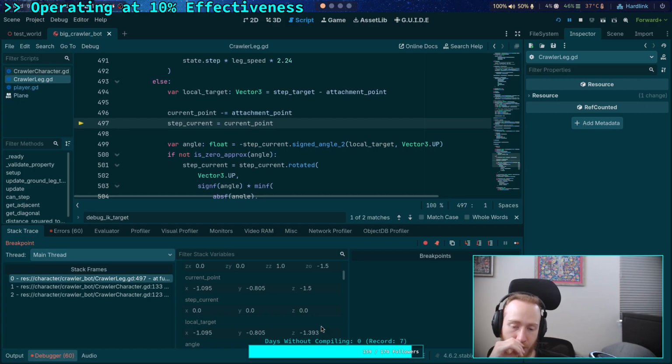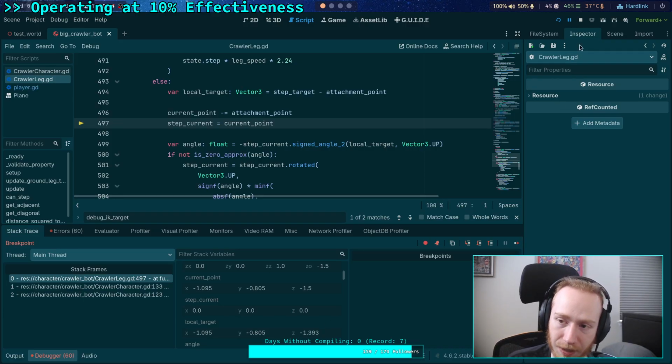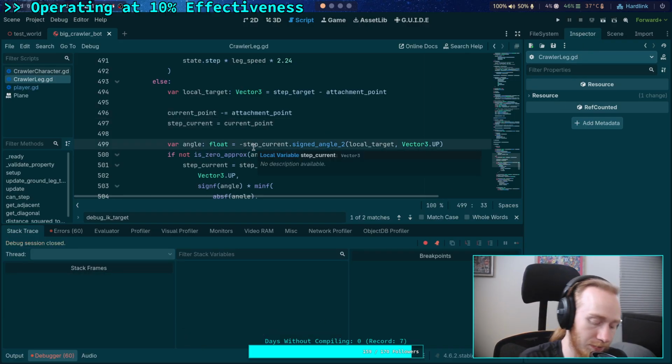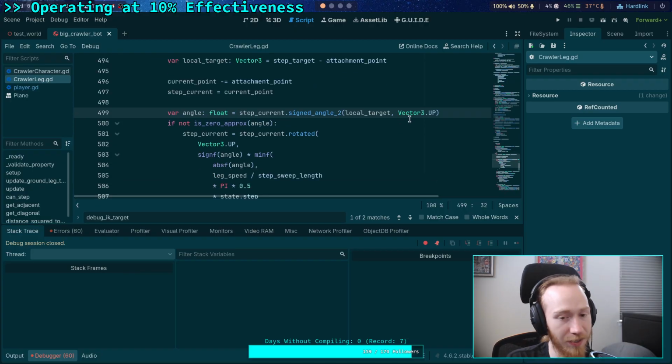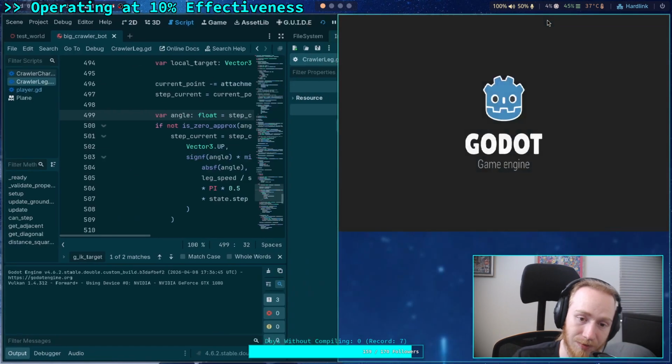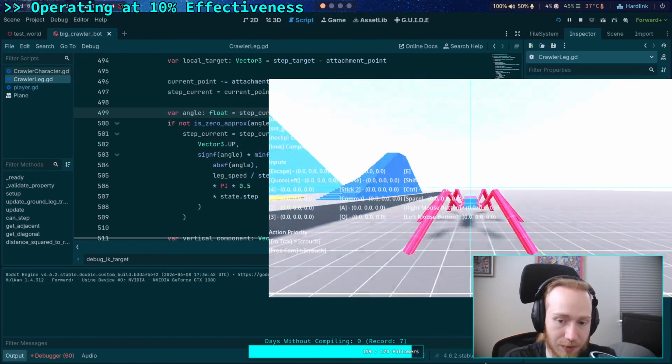Why is it pulling backwards into the body? And the angle's definitely wrong too. I'm so confused. I run that like that.